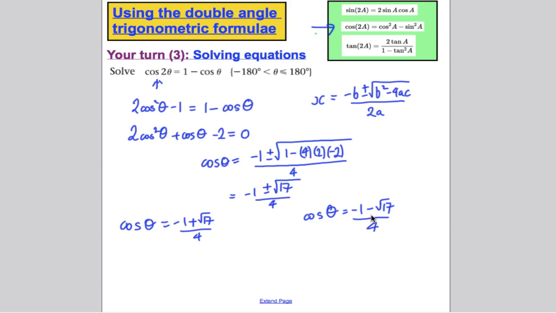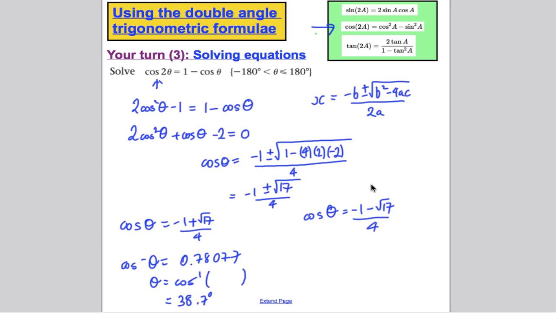Now if we work those out, negative 1 plus the square root of 17 divided by 4, cos theta is something like 0.78077, etc. So theta would be the inverse cos of this, which would be equal to 38.7 degrees.